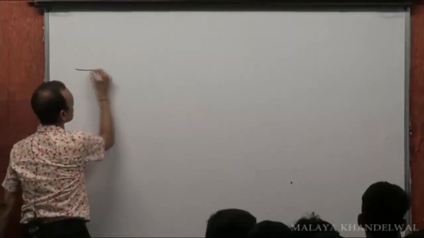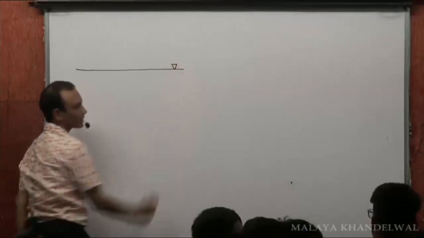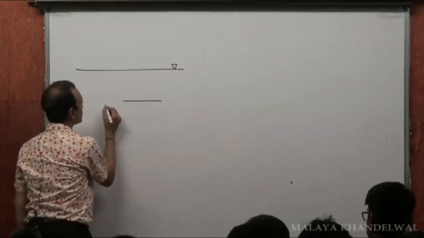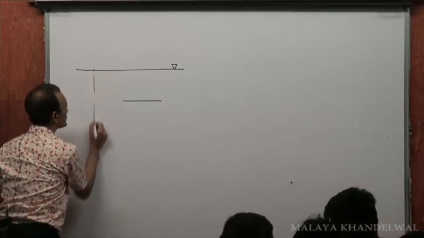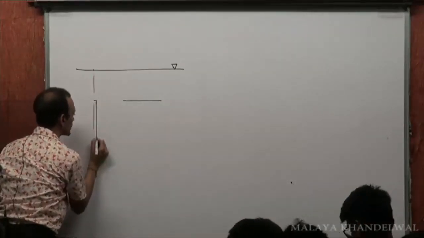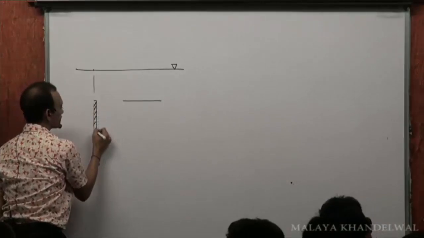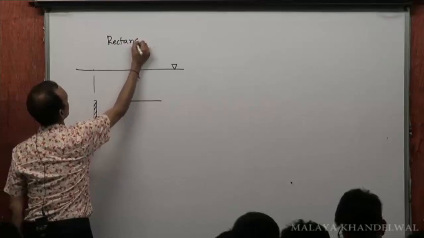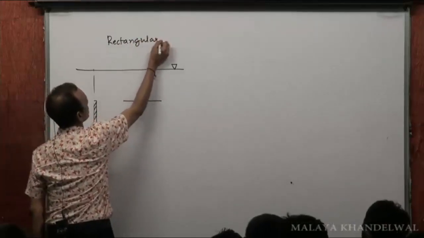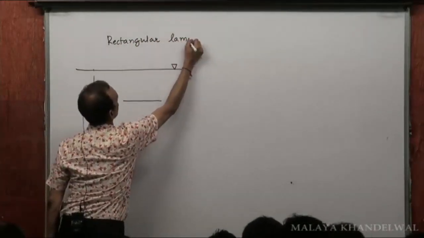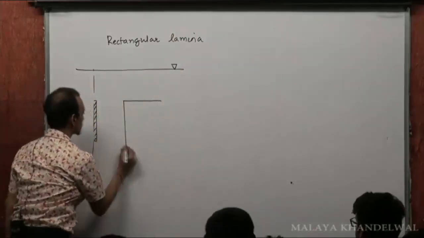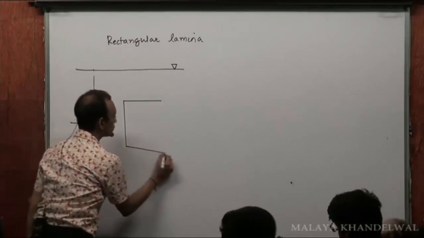Say there is a free surface and a rectangular lamina. This is when you see it from here.